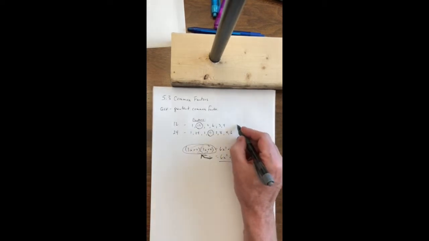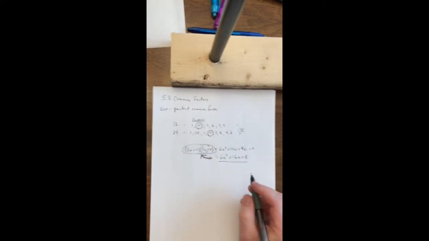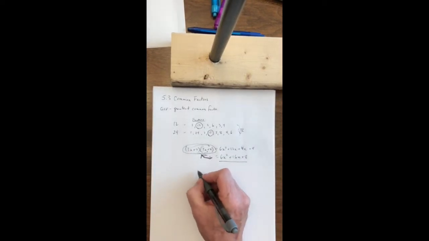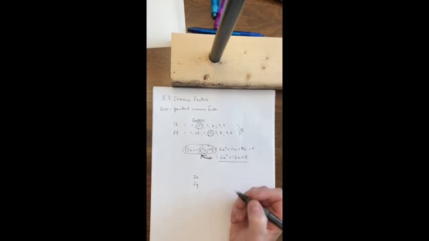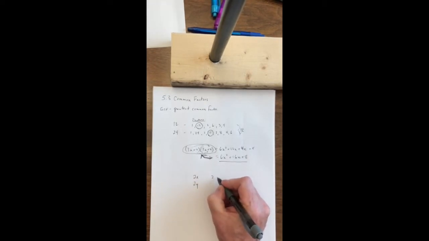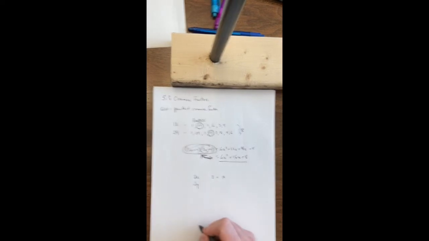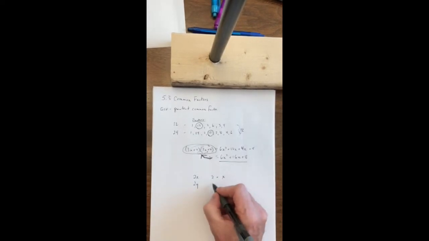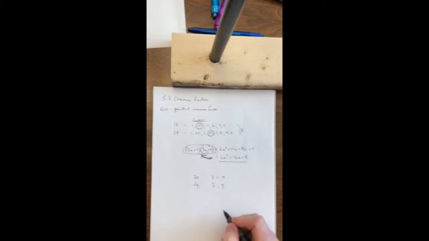Now, I think you understand this up here. So let's do a couple more examples. What about if I gave you 2x and 2y? What's the greatest common factor here? Well, my factors here are 2 times x, and my factors here are 2 and y, because it's 2 times y. So the only thing that these have in common is this.